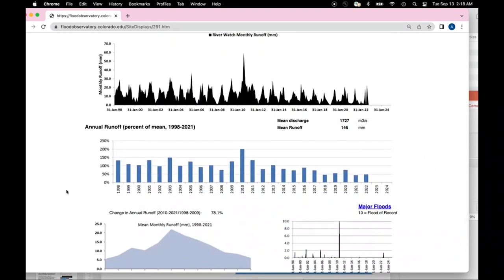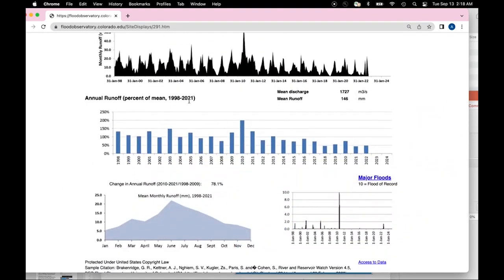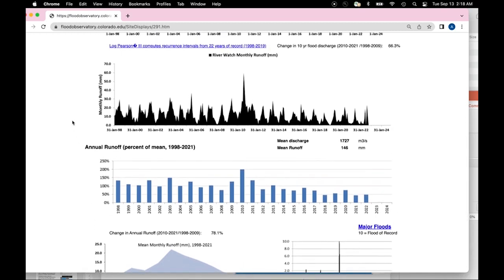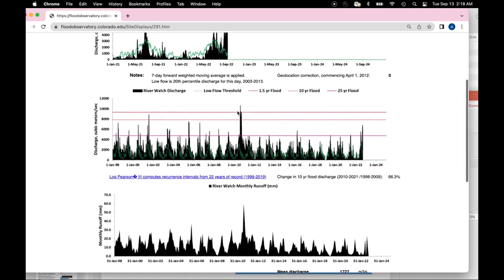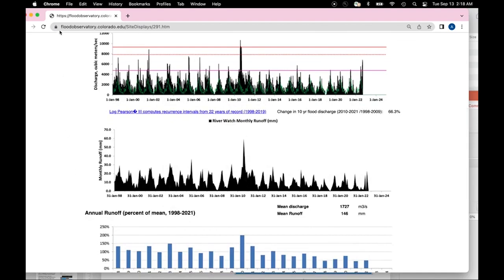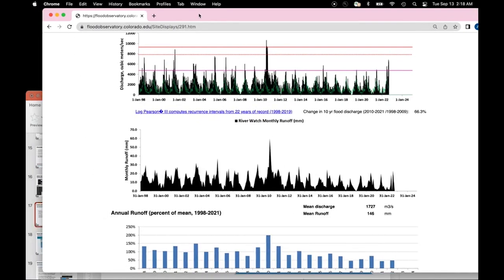It shows annual runoff, mean over the entire period, and it also shows the monthly runoff for the same period. In addition to the current flood, this is also the well-known 2010 flood that you can see in the runoff. So this is a useful facility to look at stream flow on DFO.